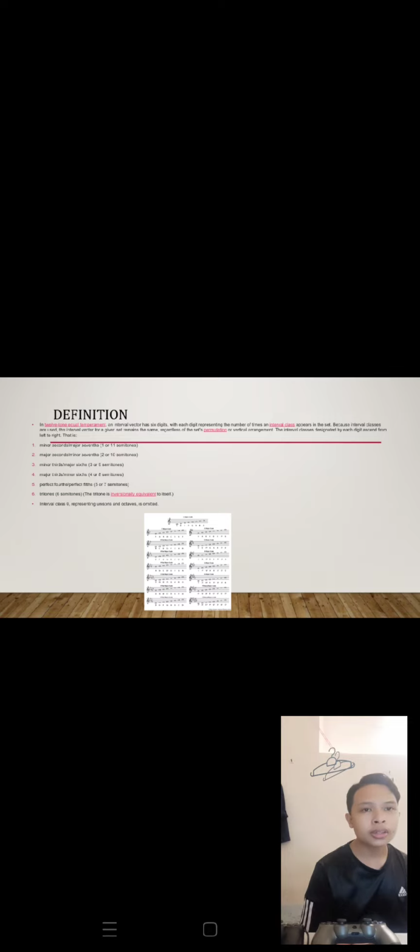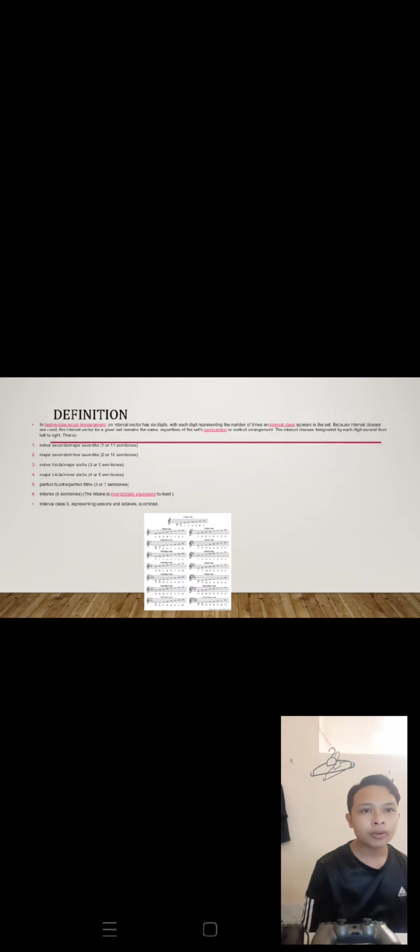That is, first, minor seconds and major sevenths, 1 or 11 semitones. Second, major seconds and minor sevenths, 2 or 10 semitones. Third, minor thirds and major sixths, 3 or 9 semitones. Fourth, major thirds and minor sixths, 4 or 8 semitones.